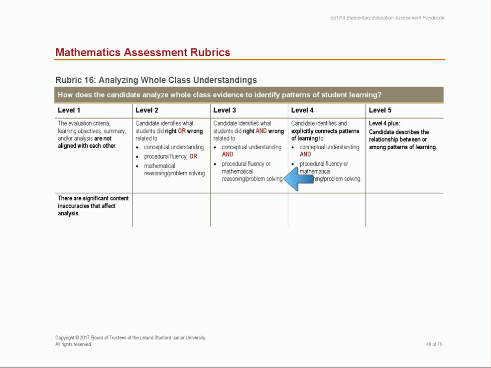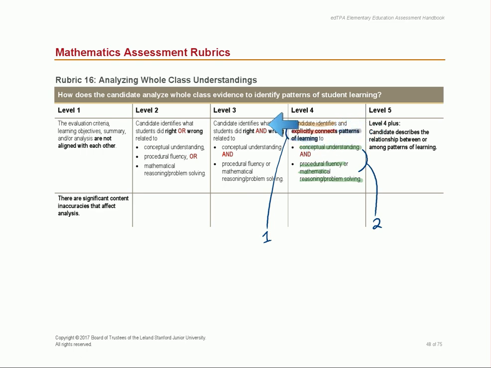Okay, so it's a base requirement, but you really should be shooting for a 4 because that will encourage you to do really good mathematics teaching. So let's see what 4 says. Under level 4, the candidate identifies and explicitly connects patterns of learning.